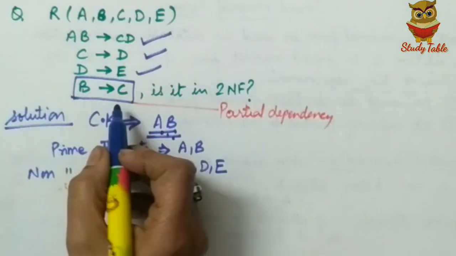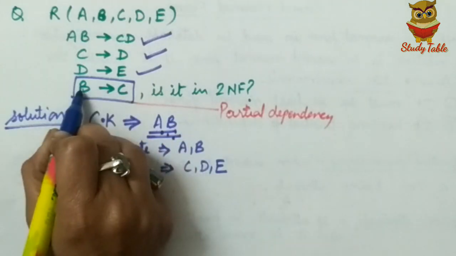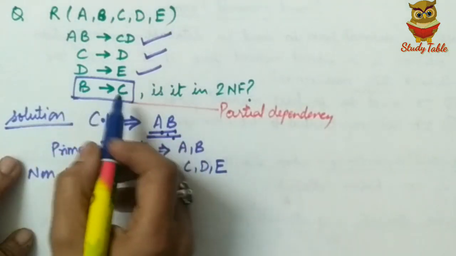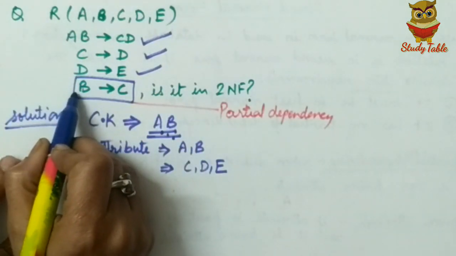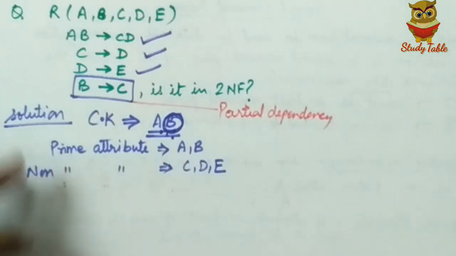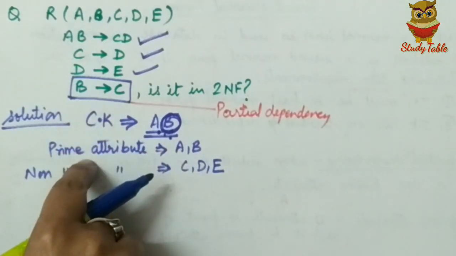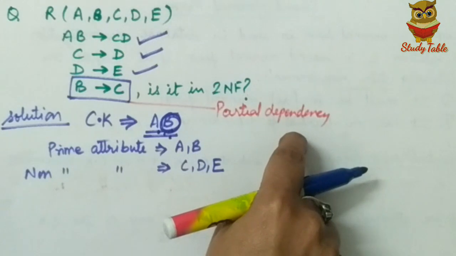As the definition says, non-prime attribute should not be dependent on the subset of the primary key. And here non-prime attribute is dependent on the subset of the primary key. B is the subset of this primary key. So this relation is not in second normal form, as this functional dependency has partial dependency.